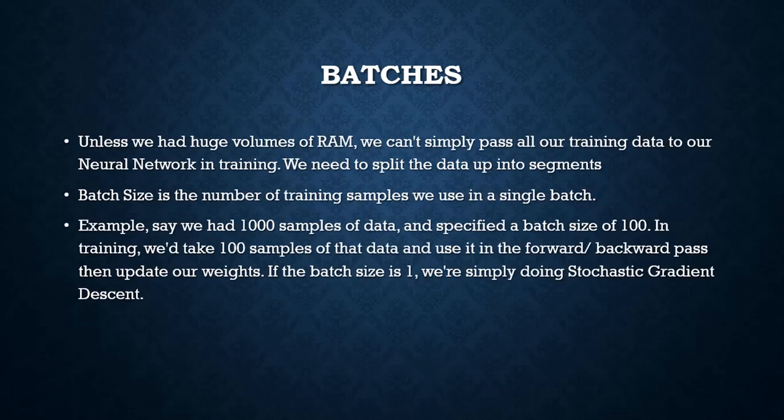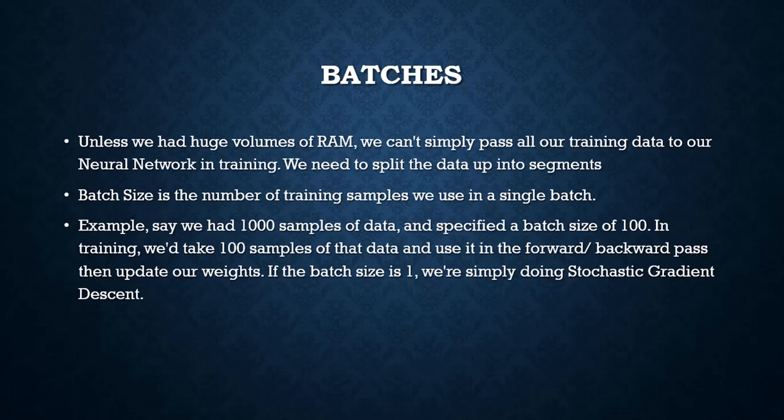For every system we need RAM for training. If we have a huge volume of RAM, we can simply pass all our training data. In case we don't have efficient RAM or an efficient GPU, we need to split the data up into segments. The batch size is the number of training samples used in a single batch.